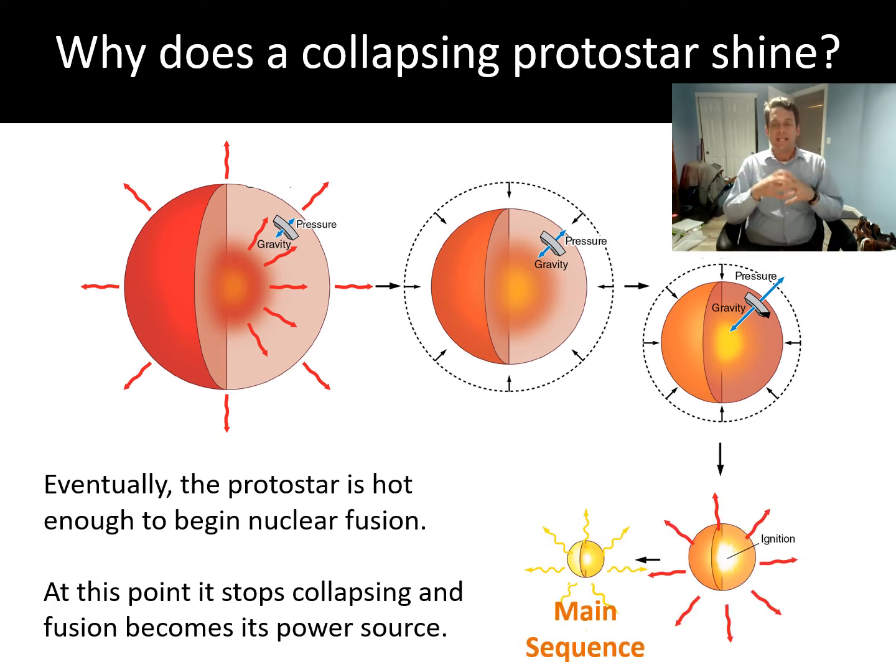Eventually, though, it gets hot enough, if it does, right? This doesn't have to happen, but if there's enough mass, then it will get hot enough in the core for nuclear fusion to finally be initiated. And if that ignition occurs, if you can ignite the core, then it goes gangbusters, right? Then a true star is born.